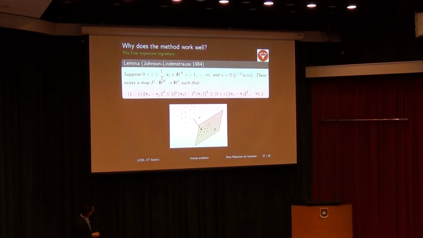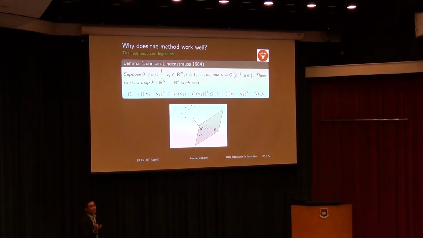There exists a map P from capital N to little n, and notice that the reduced dimension is independent of the original data dimension. This is the important part. This map takes the high-dimensional data space into a low-dimensional data space, yet you still preserve the distance, with some little error.